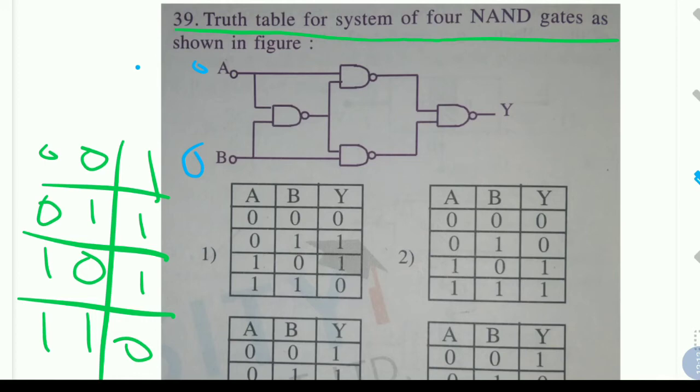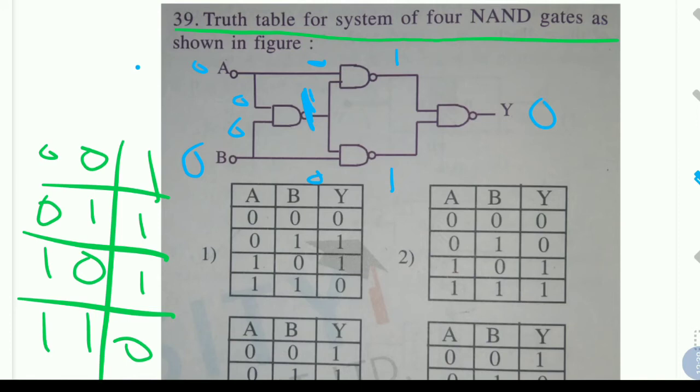So here 0 0, 0 0, 0 1 getting 1. This is 0. So here 1 1 0, 1 0 1 1. So here 1 1 1 0.